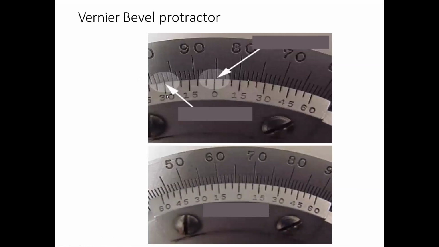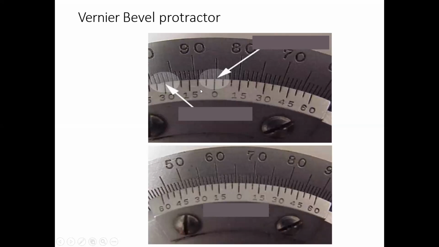Next, you can also find the angle for this fixture. In this case, the zero is coinciding and the scale is moving in the anti-clockwise direction. Here this is 85; the zero is lying between 85 and 86. Therefore, you take 85 as the main scale reading.